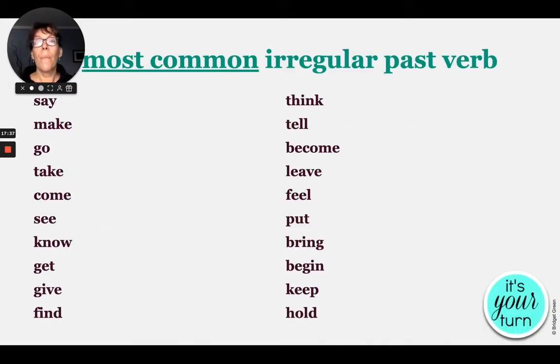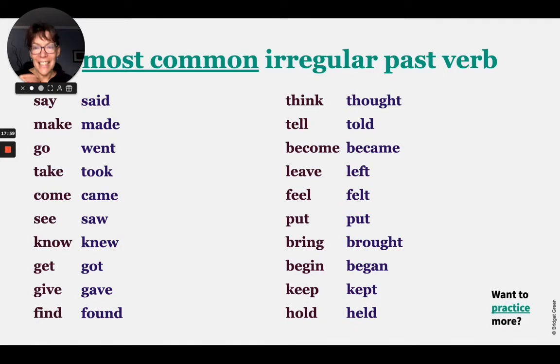Here is a list of the most common irregular verbs. Can you write the past simple? For example, say. Past simple is? Yes, said. Now you try. Let's check your answers.